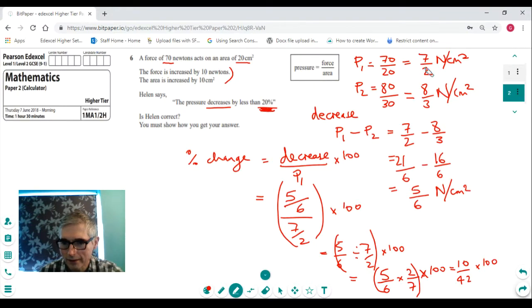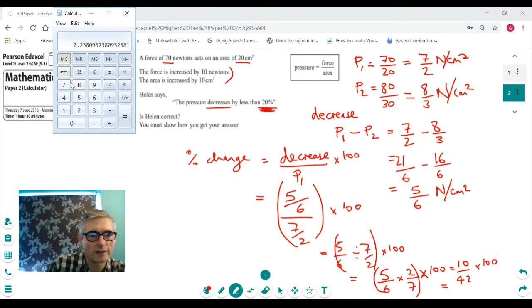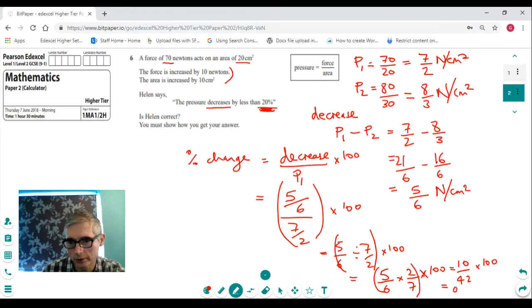And if I just bring the calculator up, we can divide the 10 by the 42. 10 divided by 42 gives me 0.238. So 0.238 times 100, which would give me 23.8%.